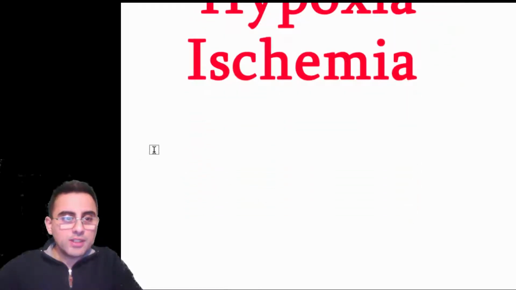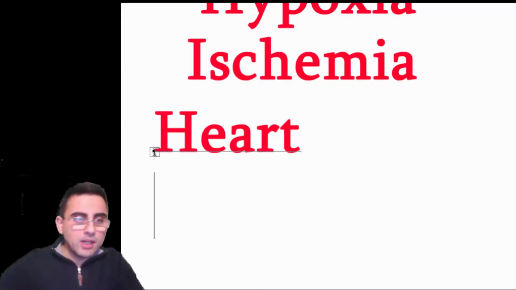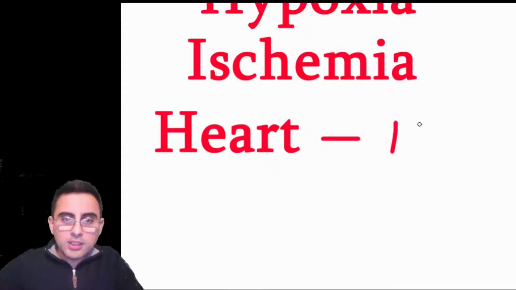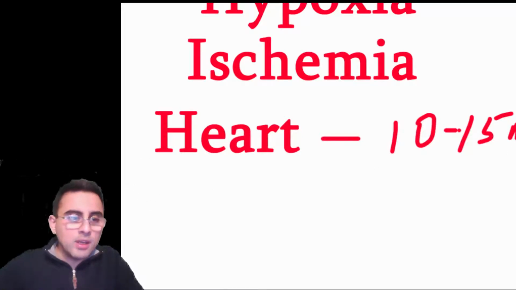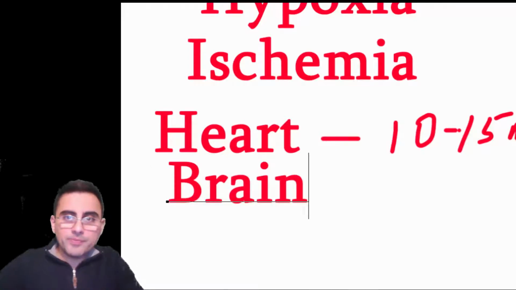This is the heart. Heart tissue can survive without blood 10-15 minutes. Brain is the second most common site of infarction. It can survive several minutes.